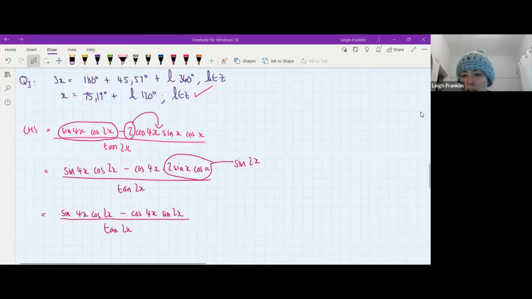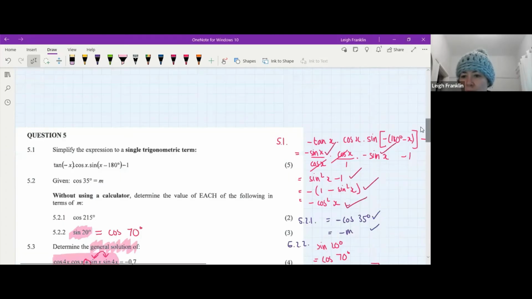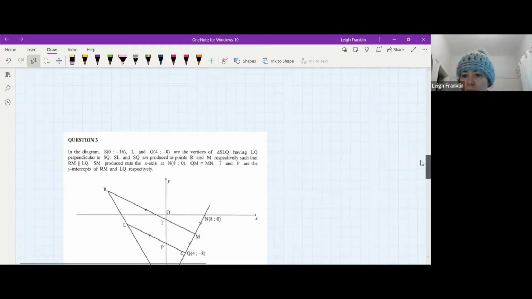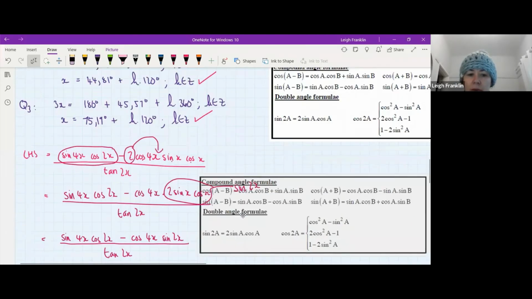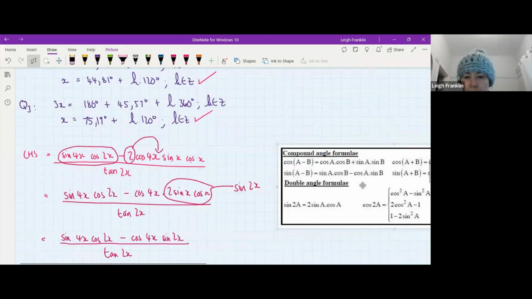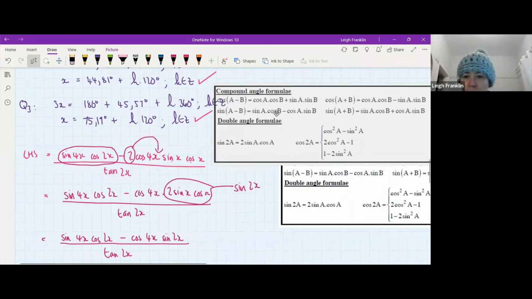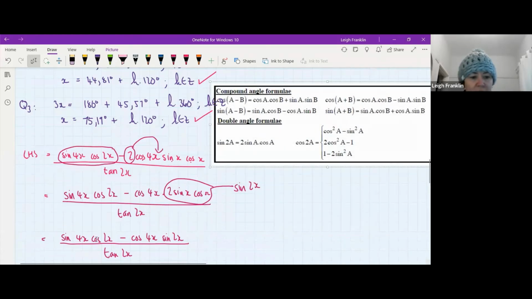So let's go and fetch this from up here and drag it down. Stick it over there. So sine 4x cos 2x minus cos 4x sine 2x.